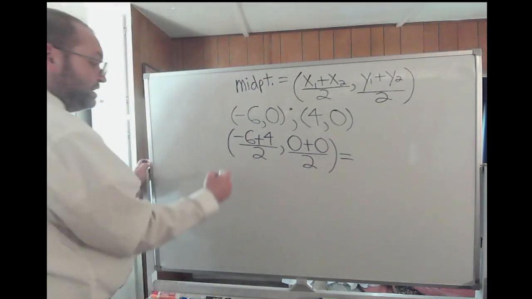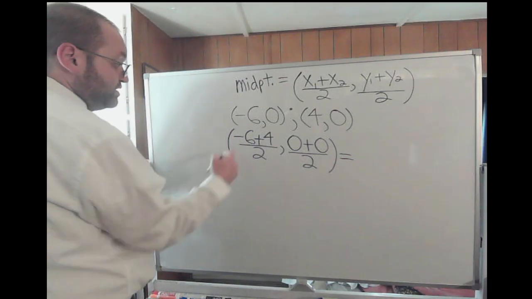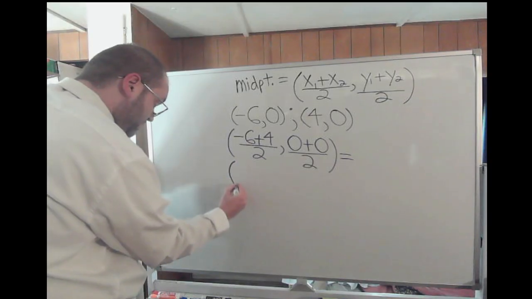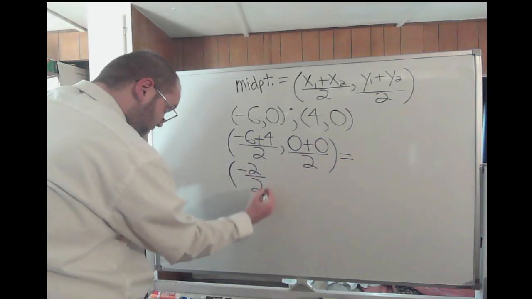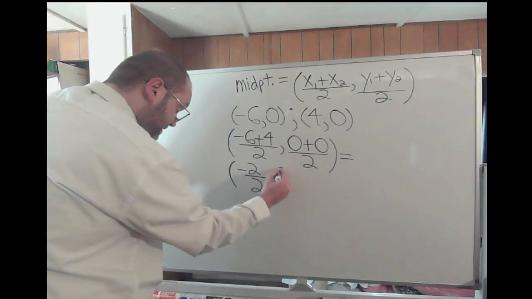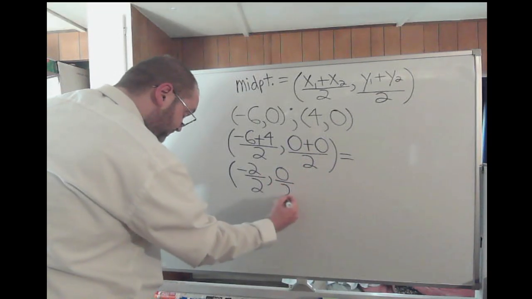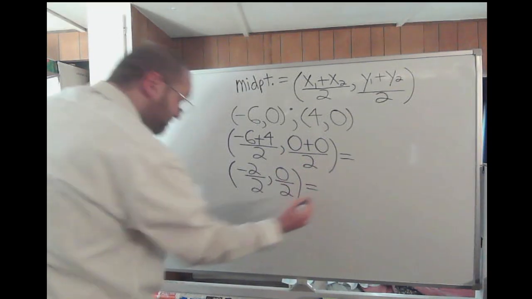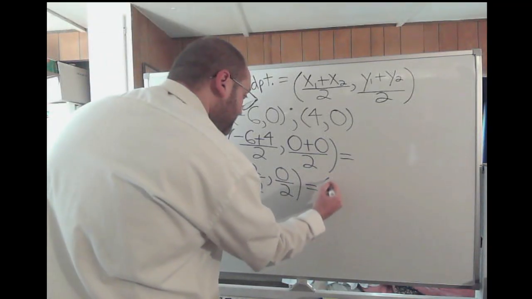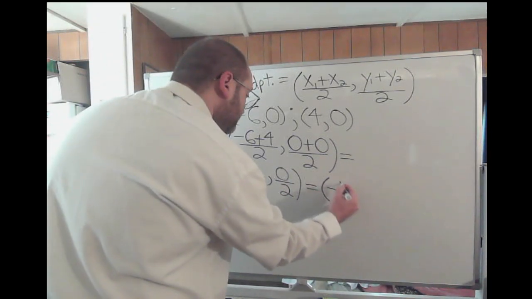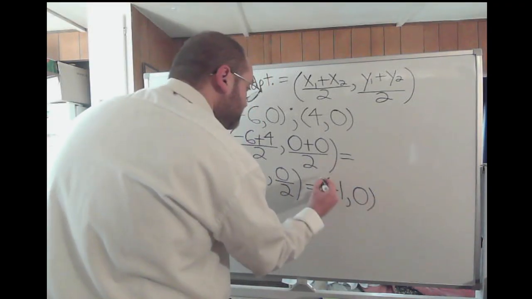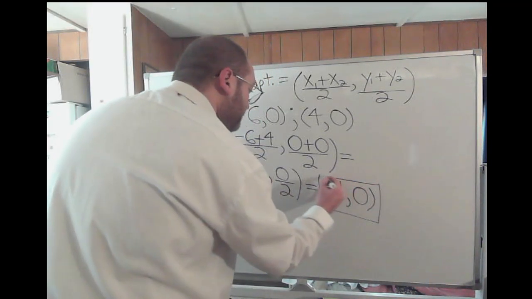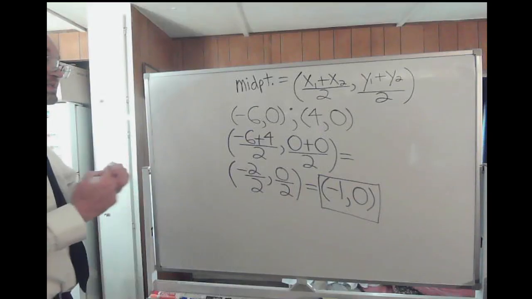Now we just simply have to do some arithmetic. So -6 plus 4, that's going to be -2 all over 2. And then 0 plus 0, well, that's 0 all over 2. Which we simplify further: -2 divided by 2 is -1, and 0 divided by 2 is 0. So it turns out the midpoint of those two points is going to be -1, 0.